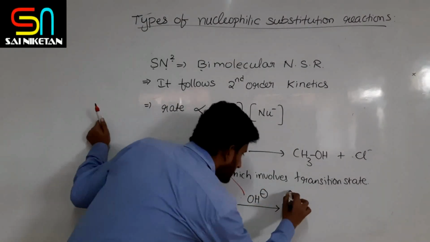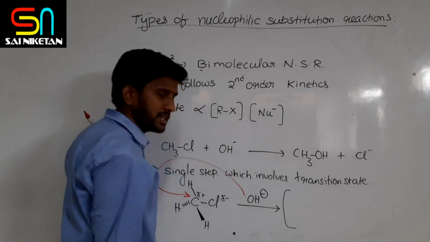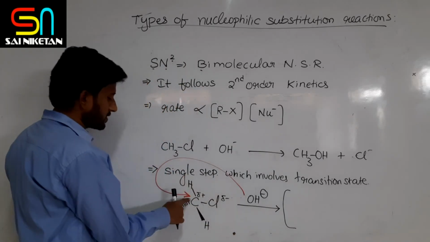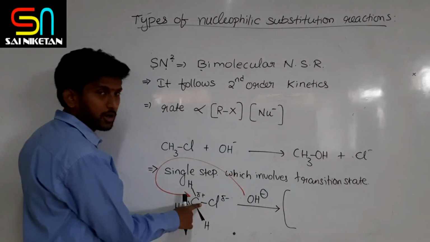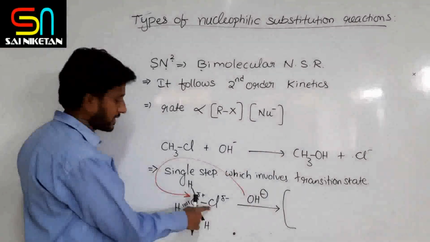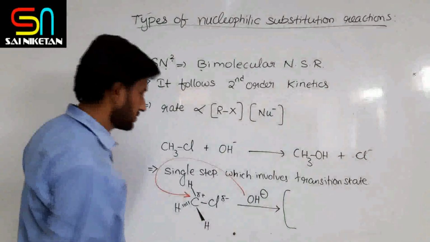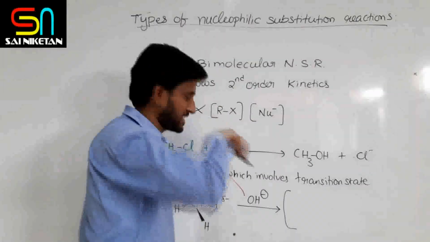In this, what is happening? A transition state is formed. That is, a new bond is formed with the OH minus ion, and the existing bond between the chlorine and carbon gets cleaved. So that I am representing in the transition state.